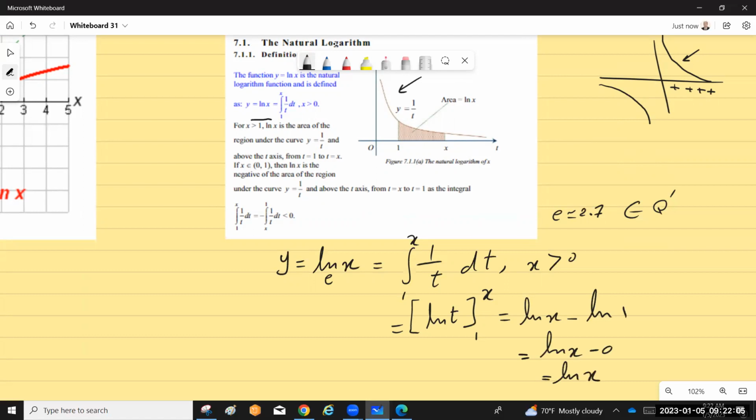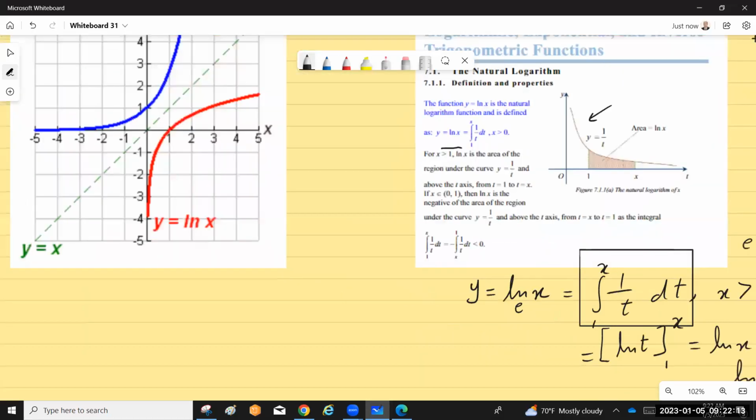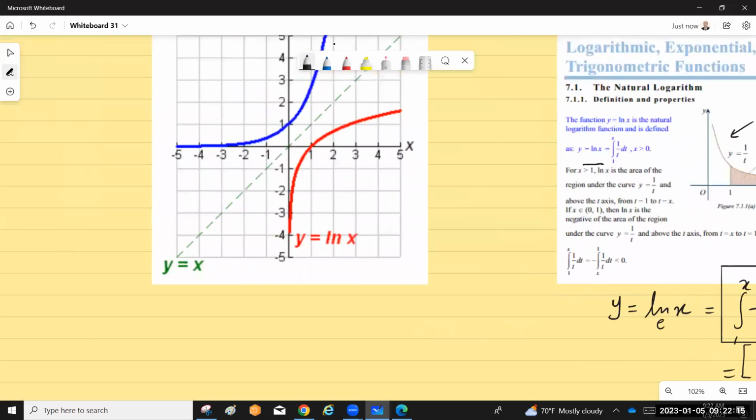So ln x is simply the integral of 1 over t dt from 1 to x. When you graph the ln function, this red graph is the ln function. As you see, the domain of the logarithmic function is x bigger than 0, and the range is negative infinity to infinity, or R.